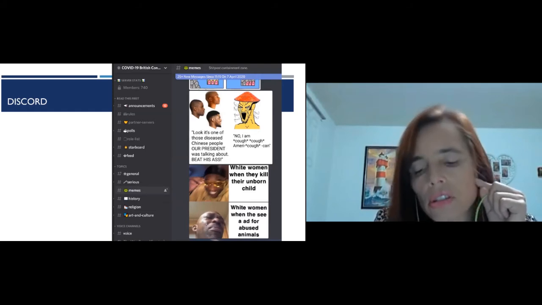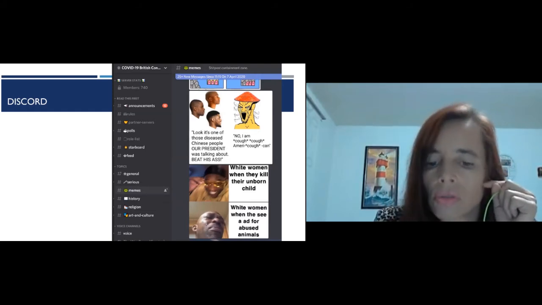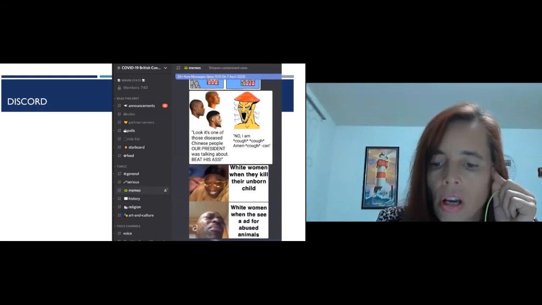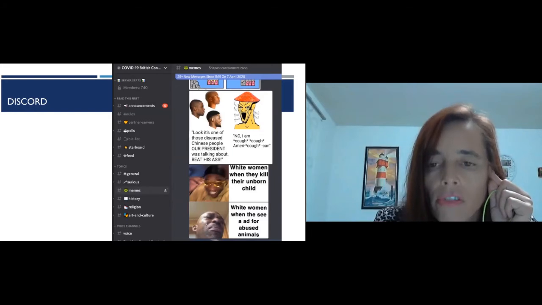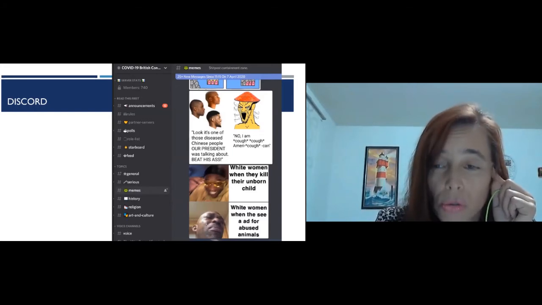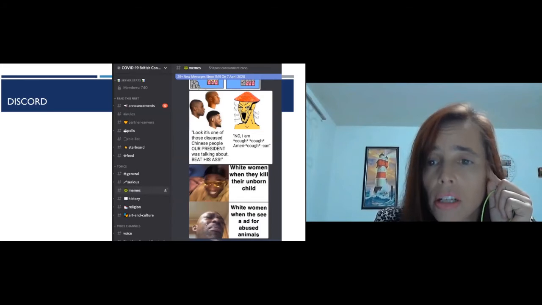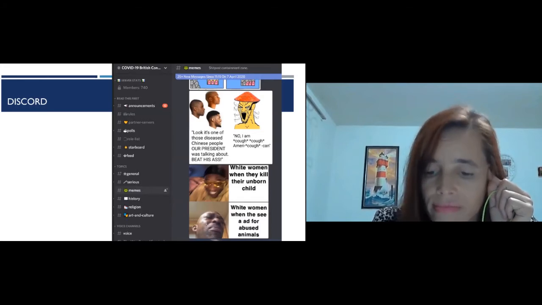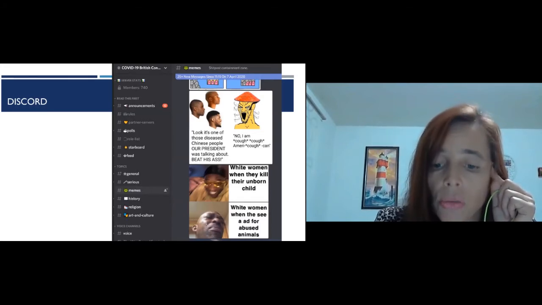Discord started shutting down racist accounts in 2017. Last year, from April to December 2019, 5.2 million accounts were banned. So you can imagine how much hate speech was going on.